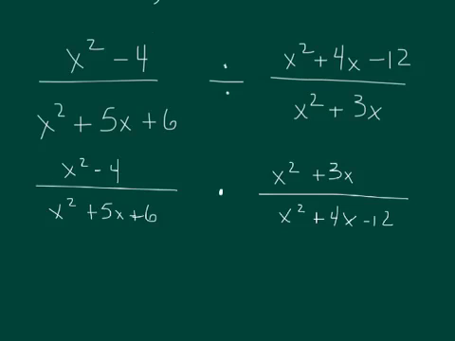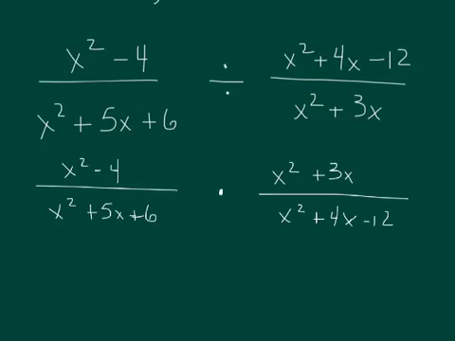Multiplying by the reciprocal. Remember, the definition of division is multiplication by the reciprocal. So whenever you have division, you are still using the first term and multiplying it by the reciprocal of the second term only.